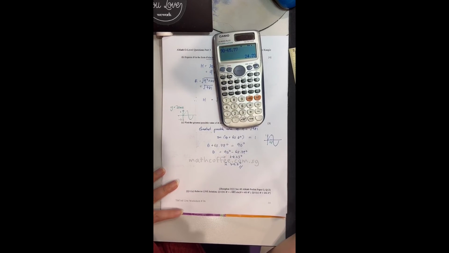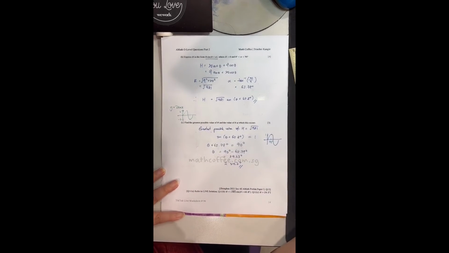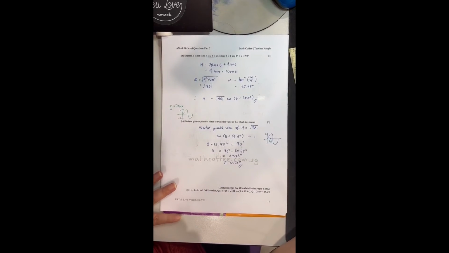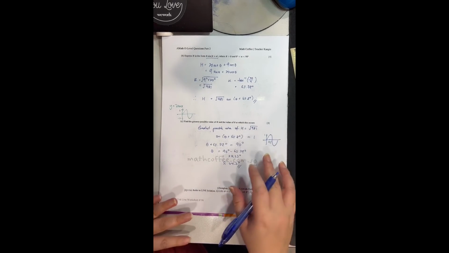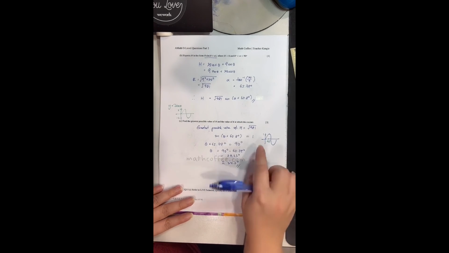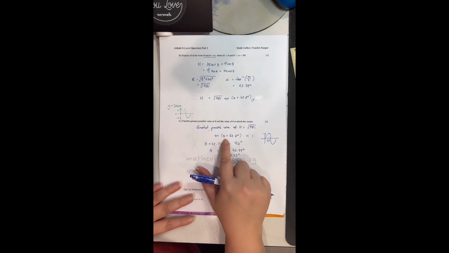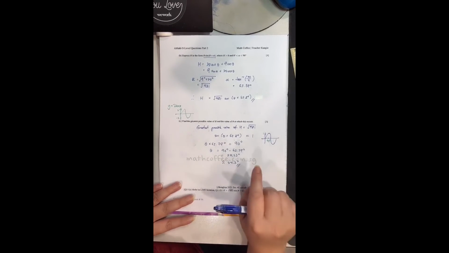Why is it 450? Where do you get 450? There are many angles that give 1. We have infinitely many, correct?